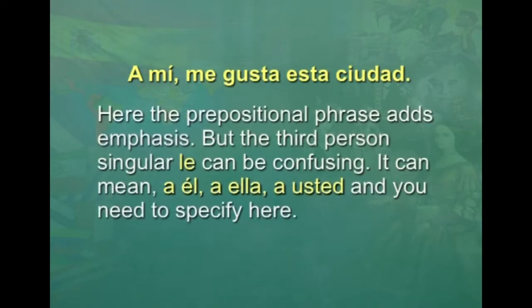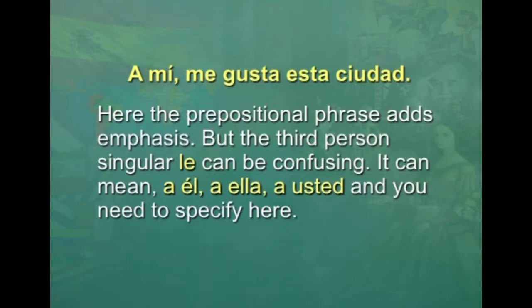When you say me gusta esta ciudad, it can only mean I like this city. A mí me gusta esta ciudad. It means I like the city. Here the prepositional phrase adds emphasis.